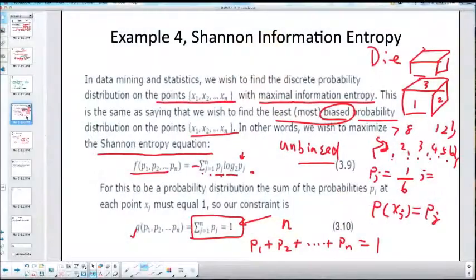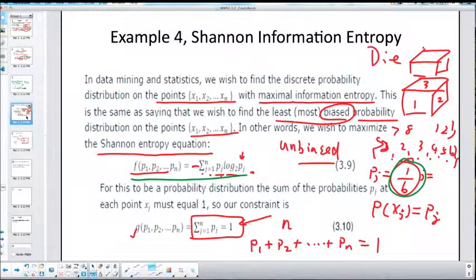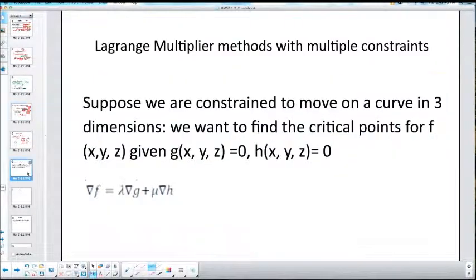Just like the example I said, intuitively, the unbiased die should always give you an equal chance when you roll it. So it's not a surprising finding, but just to show you, this really shows the Shannon entropy equation makes sense, because the result you find confirms your belief system.